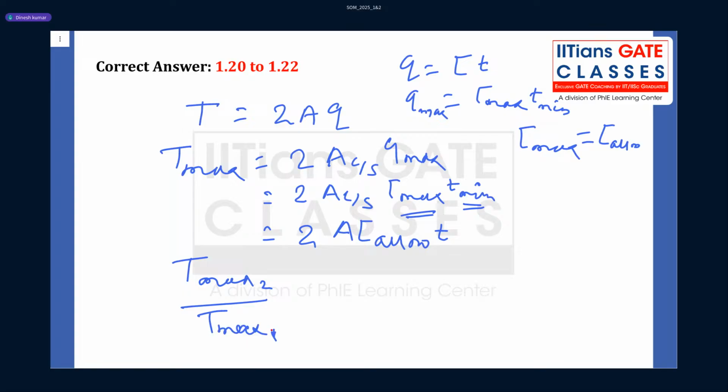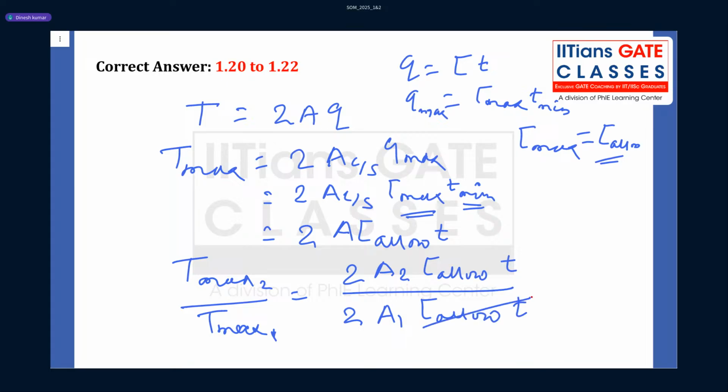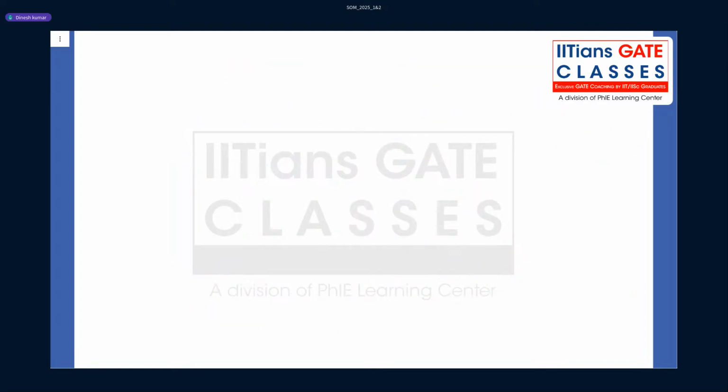Since the material is the same, tau allowable will be the same for both designs. So this is 2 times the area of design 2 times tau allowable into thickness, and the thickness is also the same for both designs. So it is again 2A1 tau allowable into t. The tau allowable gets cancelled, thickness gets cancelled, 2 gets cancelled. So this ratio is nothing but the area ratio.